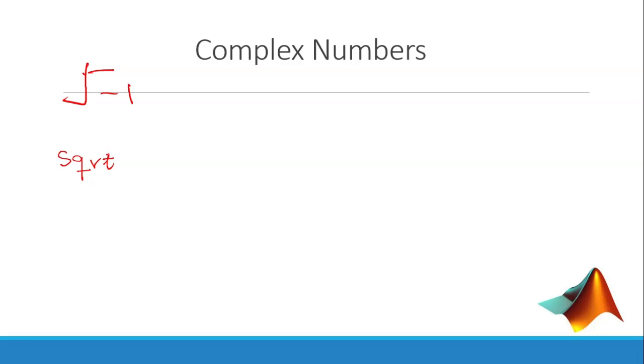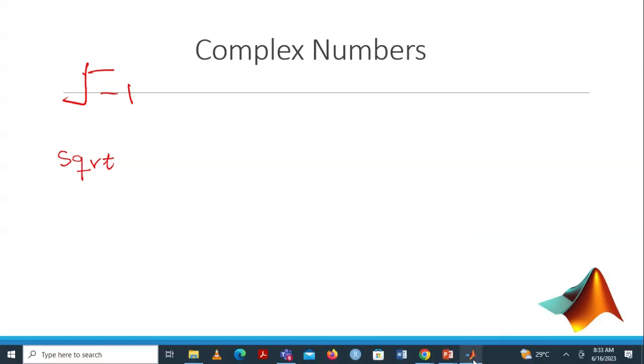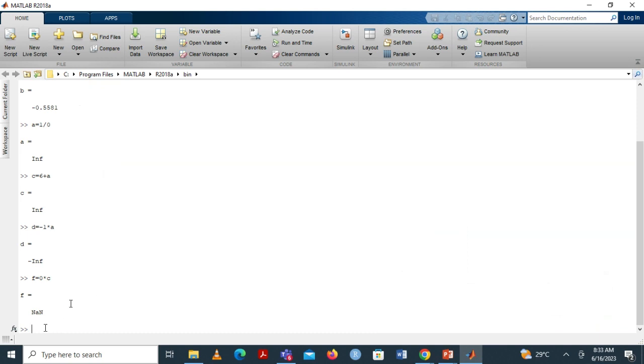Okay, so now let's move on to MATLAB and perform some calculations to see what happens when you enter values for these real and imaginary parts, and see how it will return the value I and J. Okay, let me clear my screen.